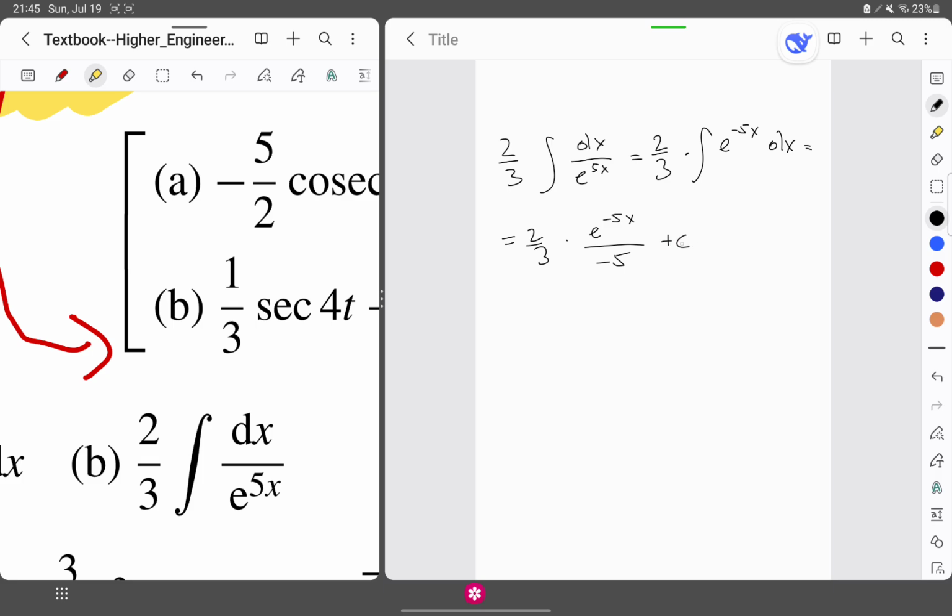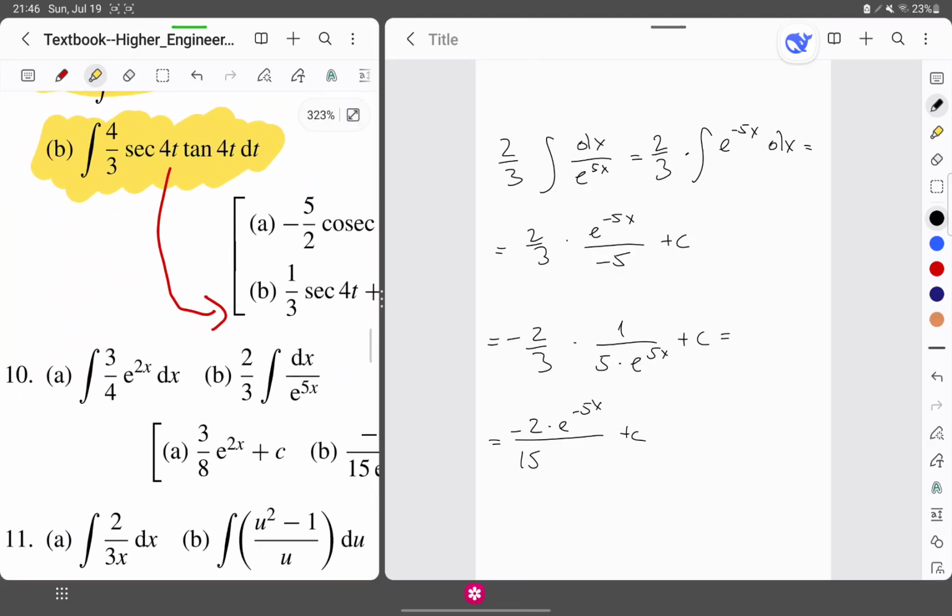And it will be -2/15 times e to the power of -5x plus c.